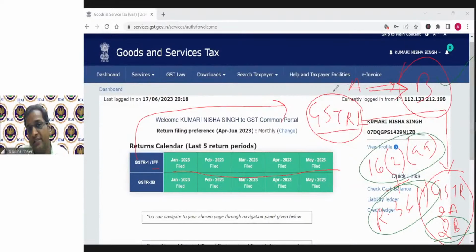How is the GSTR2B generated? Can you please confirm? Please try to answer the question. Is it generated based on the GSTR1 of the supplier or based on the GSTR1 of the recipient?